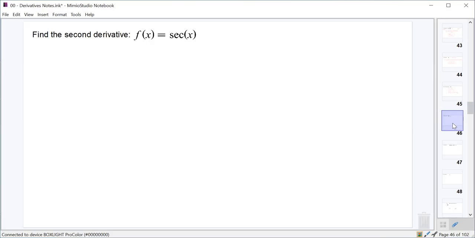If we're looking for the second derivative of secant, we'll first need the first derivative. f prime of x is going to equal secant x tangent x. And then to find our second derivative, all we need to do is use the product rule to take the derivative of this.